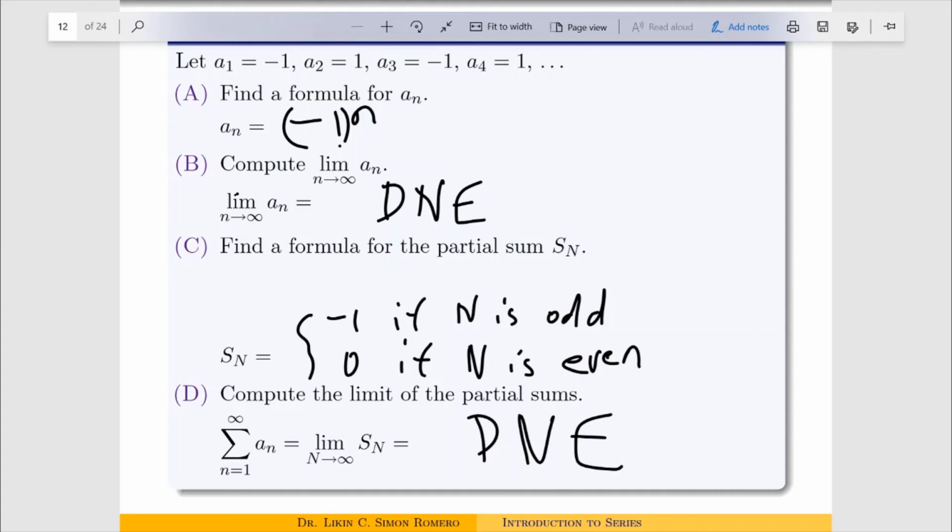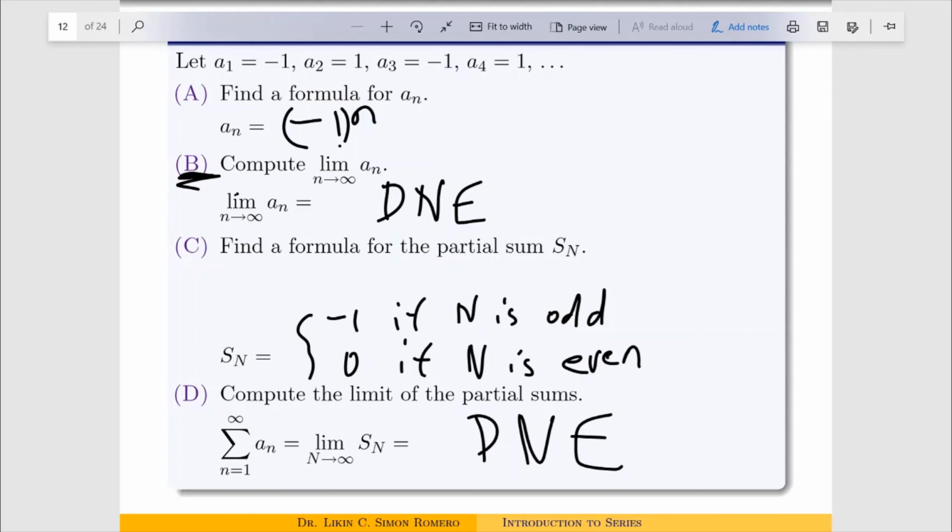And it turns out to be very similar to what we did in part B. Essentially, what's going on is the sequence of partial sums changes between -1 and 0, but it never really approaches one number or the other.